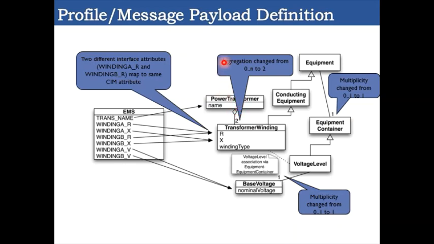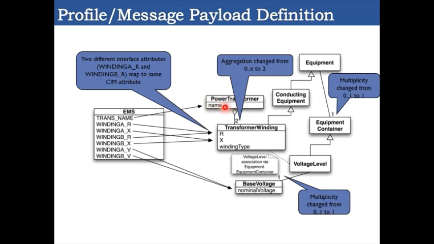So we have seen earlier how the power transformer class diagram is created. So we know how various classes are connected to each other, and now we need to see how the mapping has to be done. The transformer name will be coming from the power transformer class.